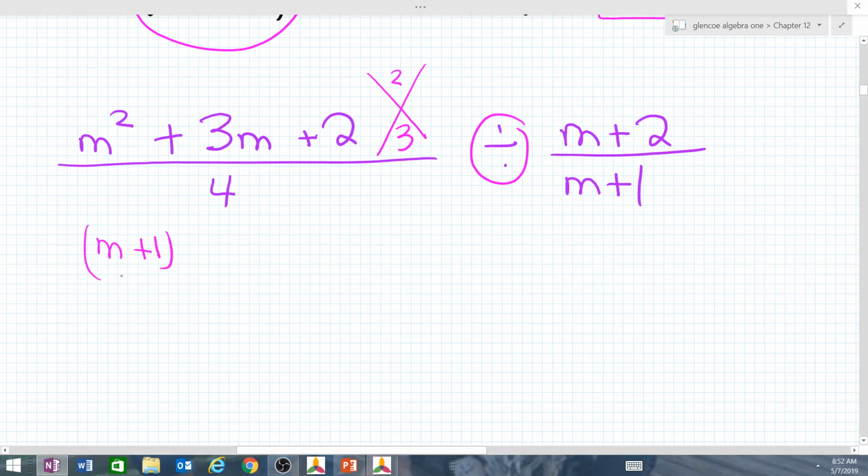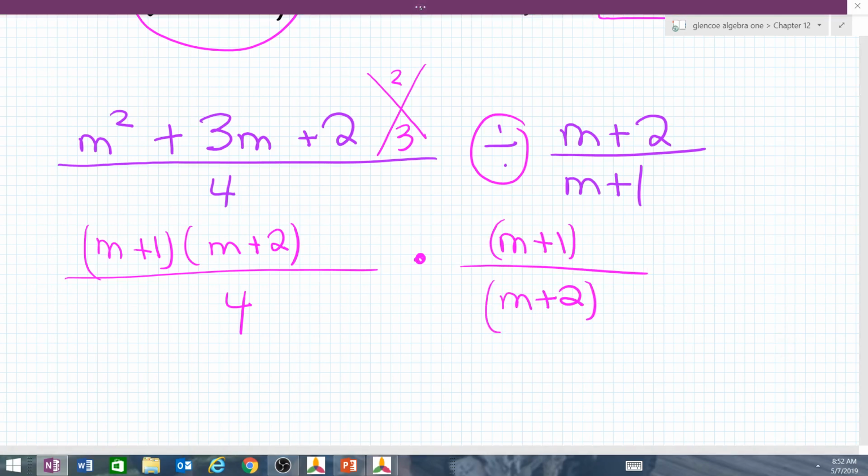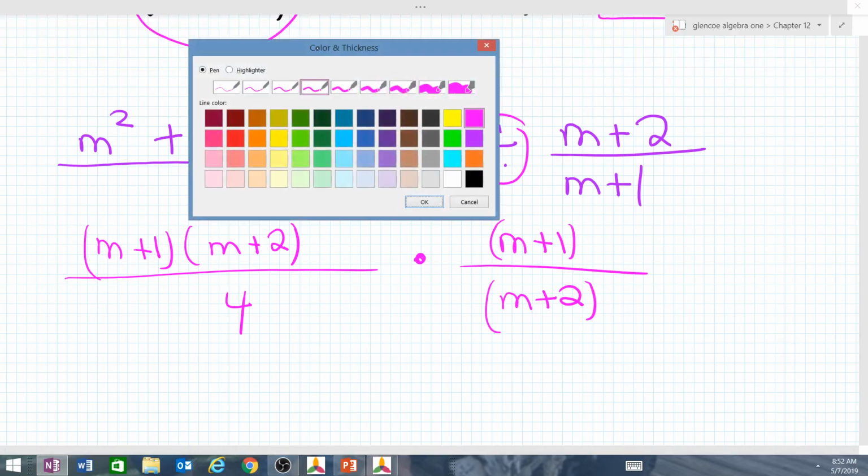M plus 1. Good job. Times m plus 2. All over 4. Divide to multiply and flip it, 2 times m plus 1 over m plus 2. And now I'm ready to cancel. Someone who maybe hasn't answered a question today and would like to.